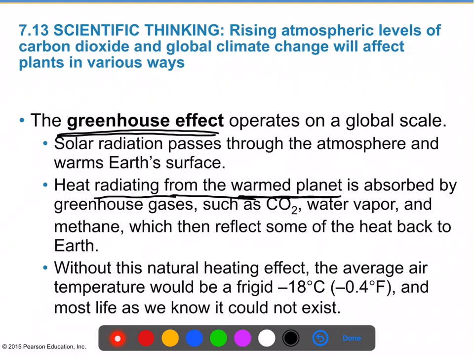And it's that radiating heat that is pushed back to the planet that warms our planet. The gases that help insulate the planet are CO2, water vapor, things like methane, right? These are all insulating gases. They reflect the heat that would otherwise escape back to the Earth.